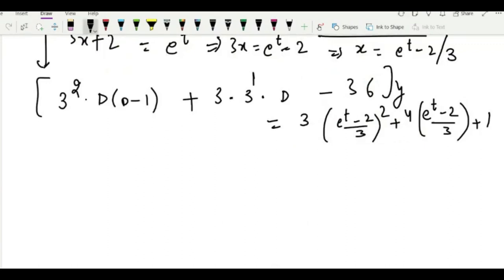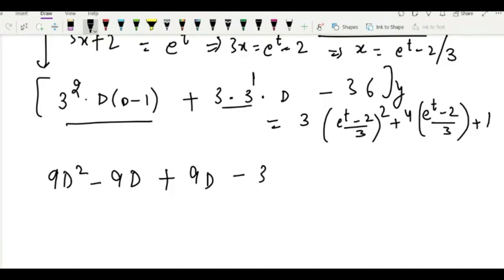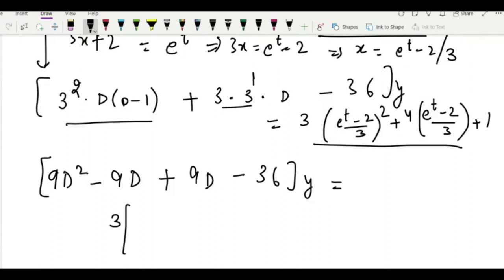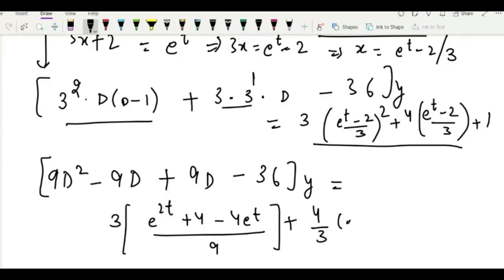Just simplify it. Here we get 9D square minus 9D plus 3 threes are 9D minus 36 into y is equal to, also simplify this side, we get (a minus b) whole square, a square plus b square minus 2ab upon 3 square is 9, plus 4 upon 3 (e^t minus 2) plus 1.